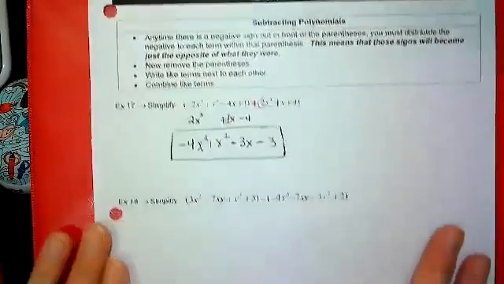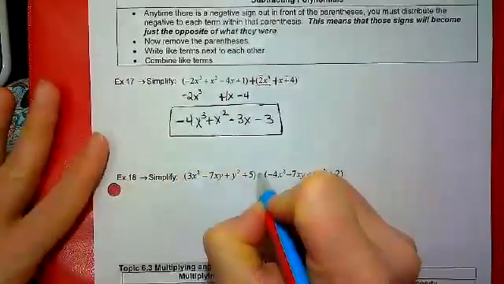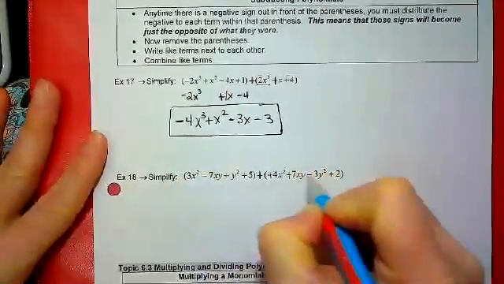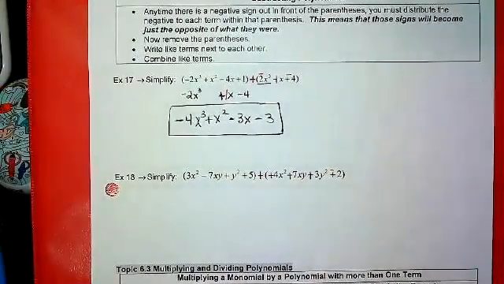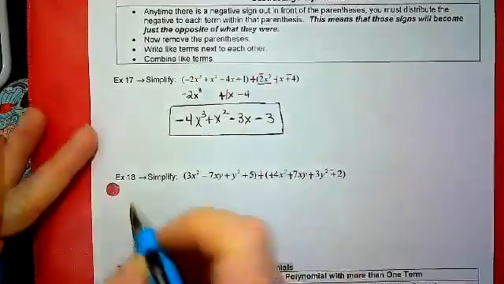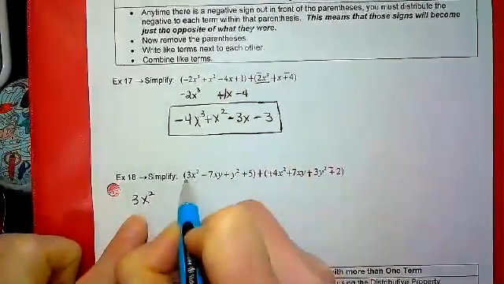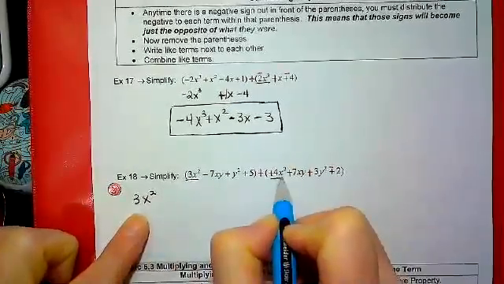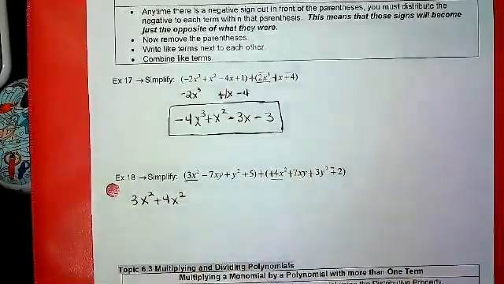So one more example for this. Again, because there's a minus sign, we need to change all these signs to the opposite of what they were. So I just show that in red so you can see the sign change. And then you can write this in vertical or horizontal form, however you like to collect your like terms. So I have an x squared term and a positive 4x squared term here that I'm writing side by side.